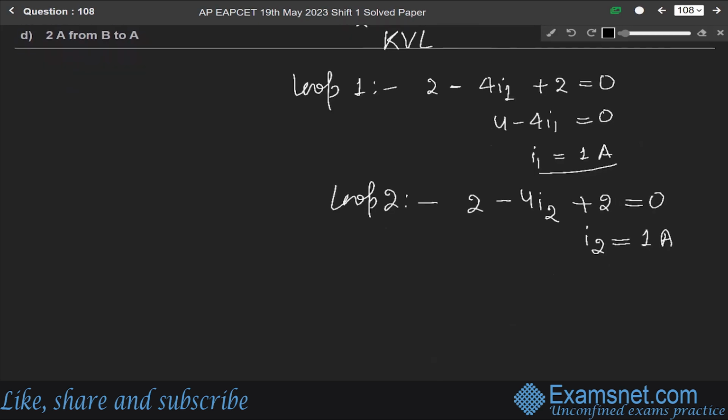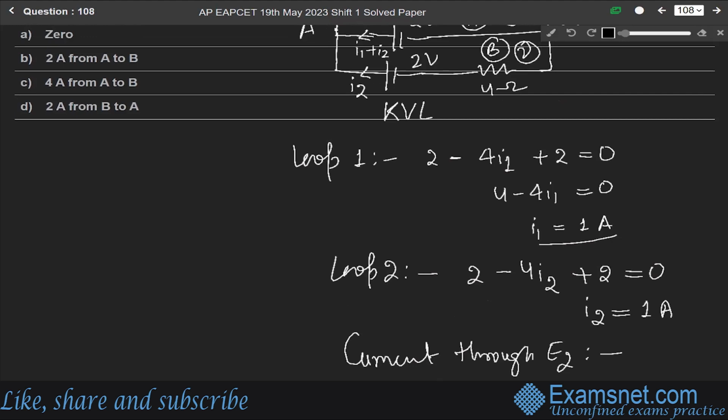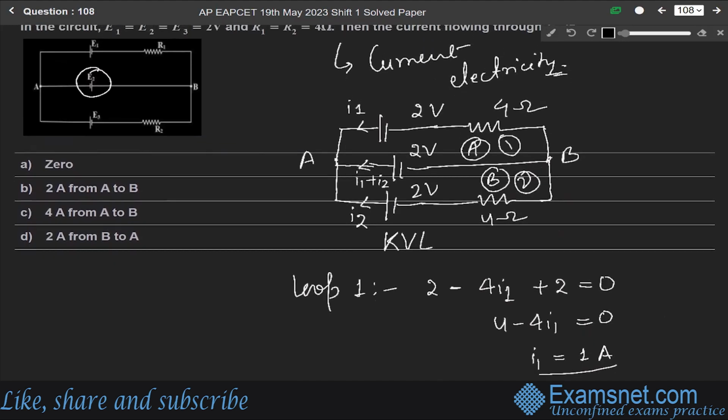So the current through E2, capital I, equals I1 plus I2, and I1 is 1 ampere, I2 is also 1 ampere, so it is 2 ampere. So our correct answer is option B, that is 2 ampere from A to B.